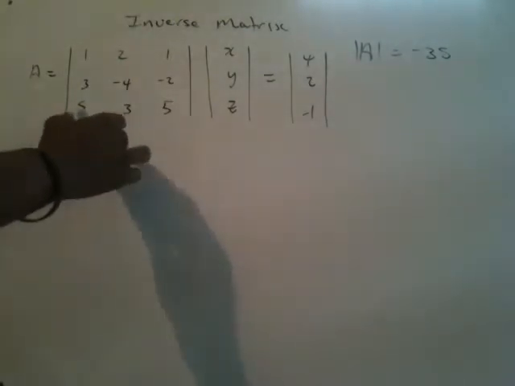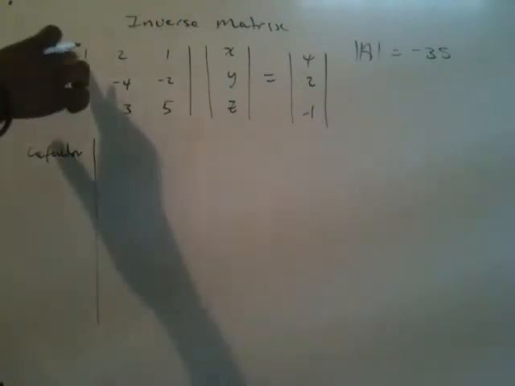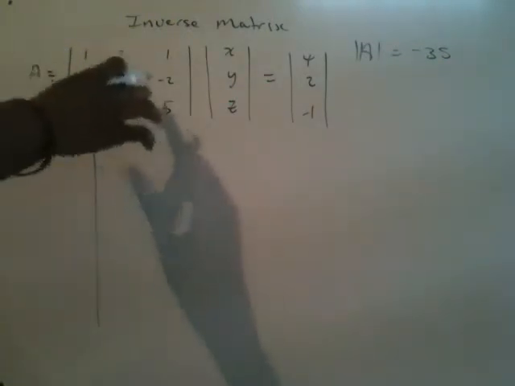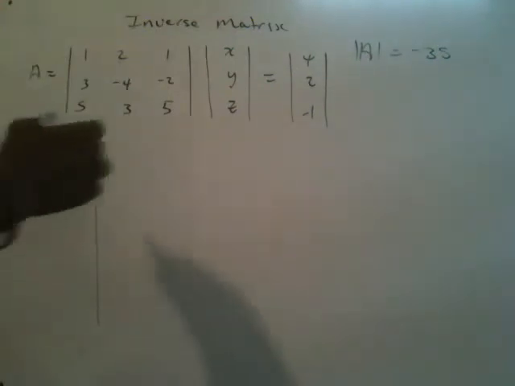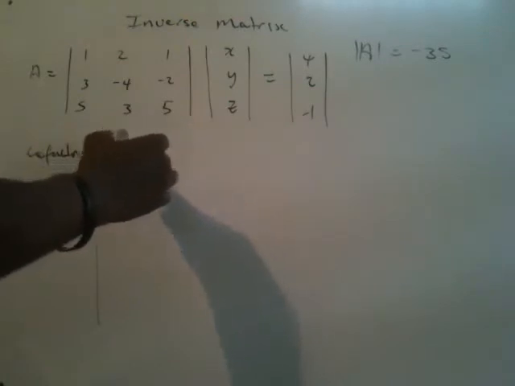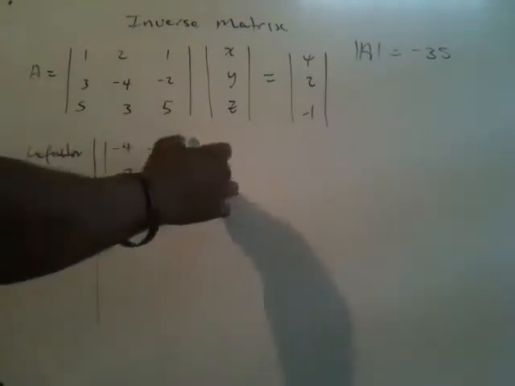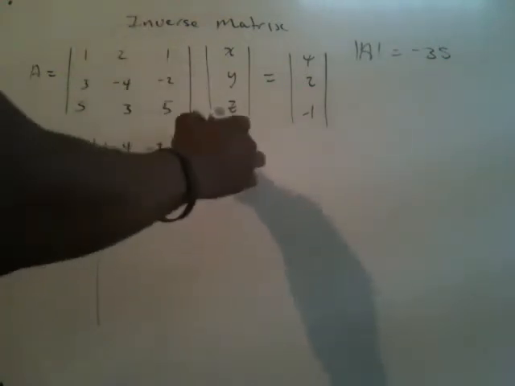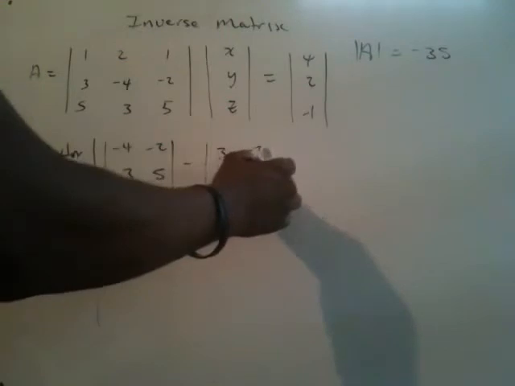To find the cofactor, for example for this 1, you write all the numbers that are not included in the row and the column that 1 is in. So we have -4, -2, 3, and 5. For the next number 2, what is not included is 3, -2, 5, and 5.